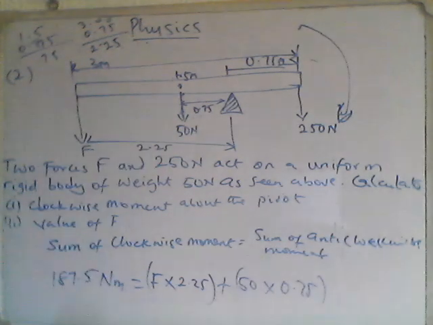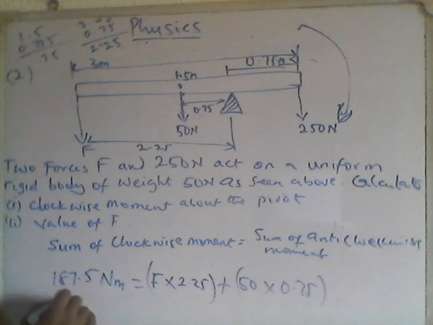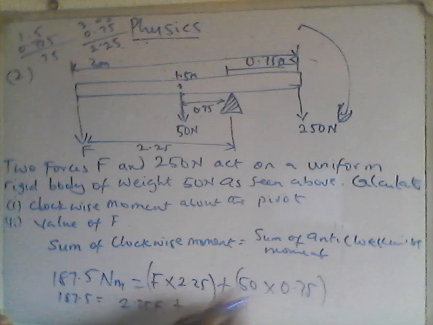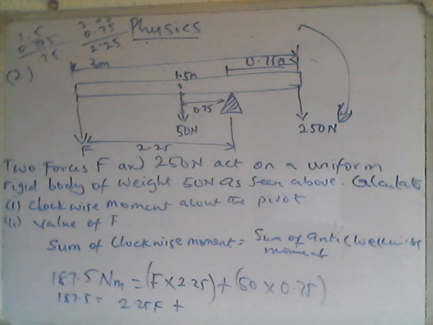So I'm going to do the math from here. 187.5 equals 2.25F plus 50 times 0.75. Let me quickly compute that.